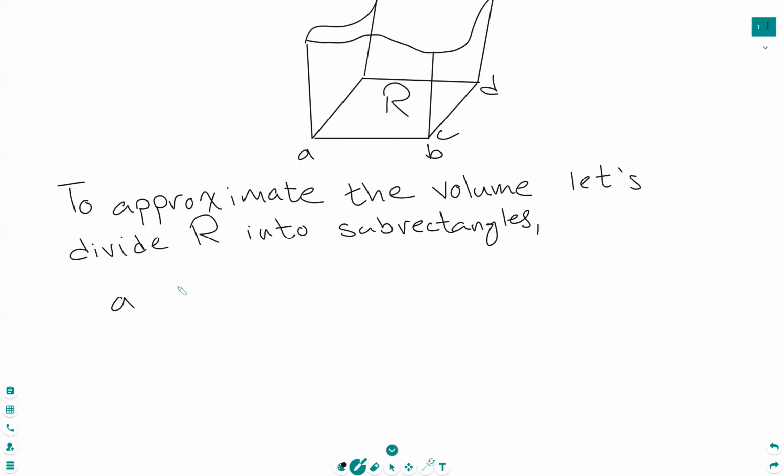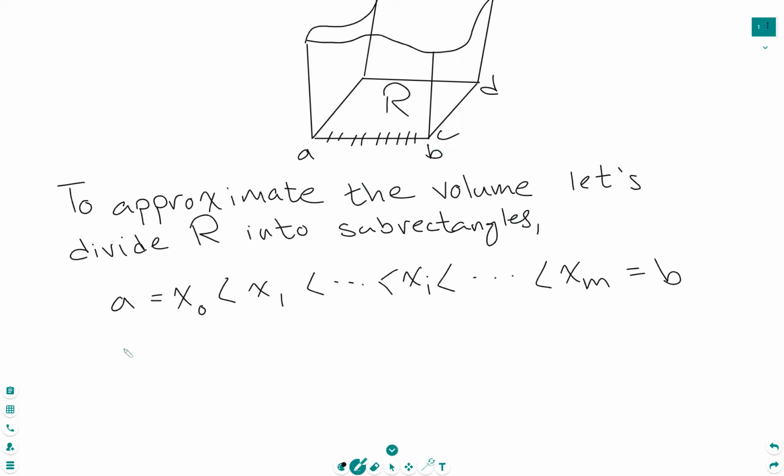So what do I mean by that? What I'm going to do is let A be this first point in X, and then I'm going to keep having a bunch of points in X until I get, and I make M of them, and this will be equal to B. So basically, I'm just subdividing our X into a lot of subdivisions.